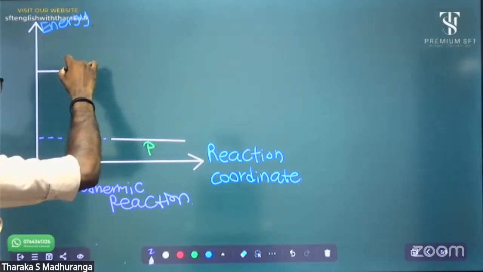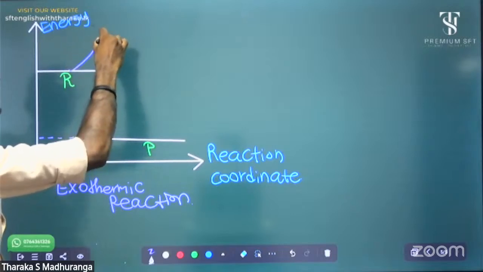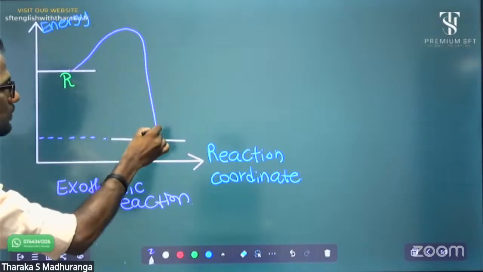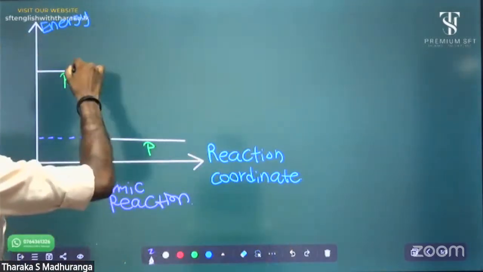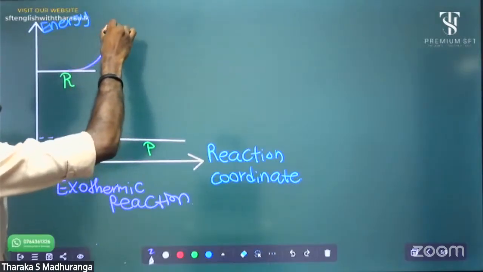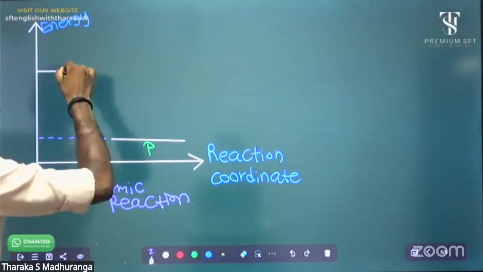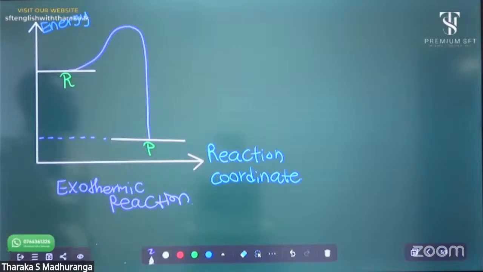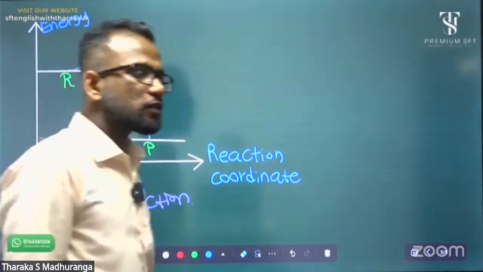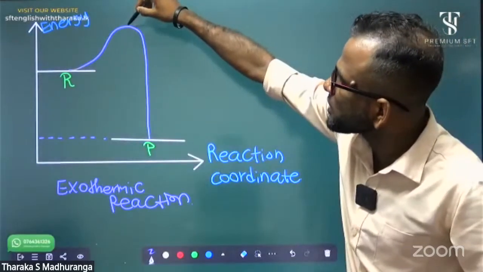Okay, if you got this reaction without catalyst, this is a path of reaction. Path of reaction means this is the activation energy.